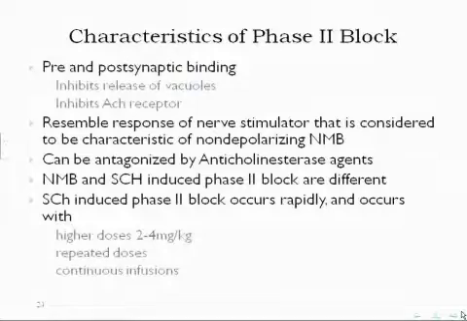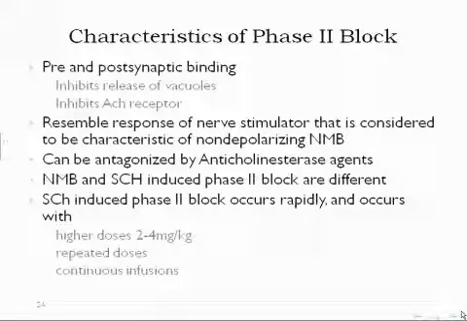Now in phase 2, it's different. Phase 2 binds to both pre- and postsynaptic sites. And what it does is it begins to inhibit the release of the actual vacuoles. Now the way the presynaptic sites are bound is when the calcium channel opens. When you get a calcium channel open, that's when the molecule binds inside of it and inhibits it.